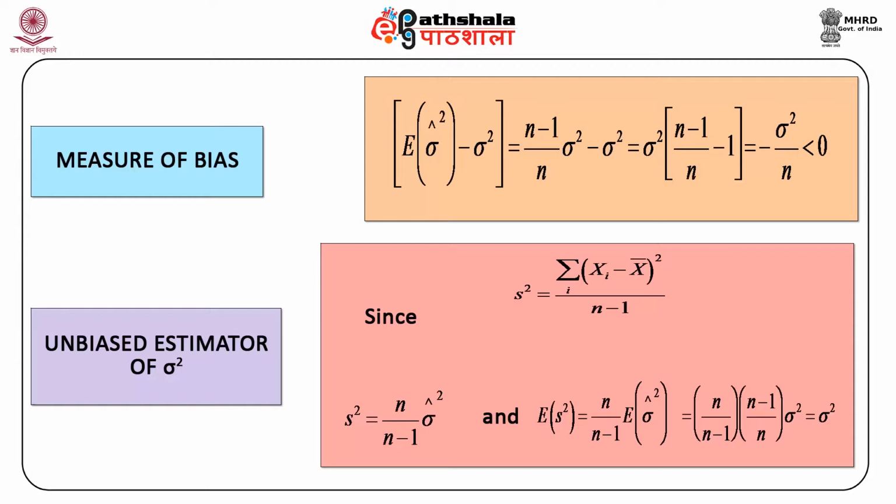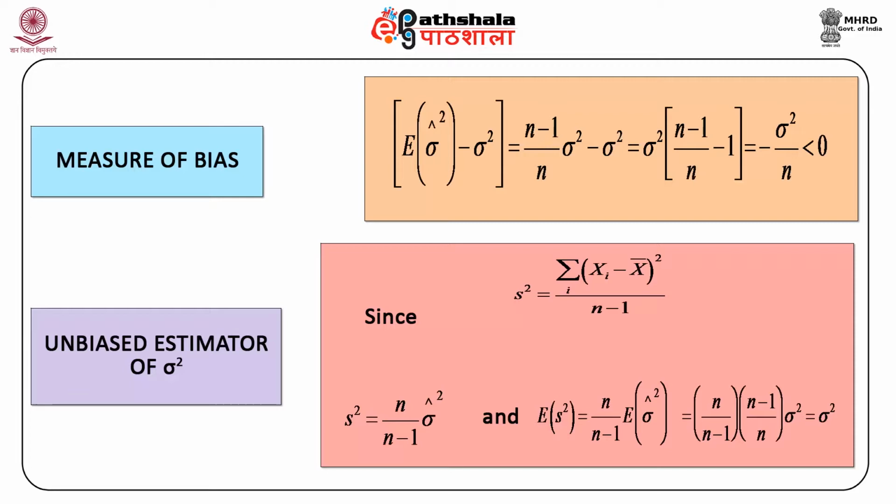Since S square is equal to n upon (n minus 1) into sigma hat square, the expected value of S square is equal to n upon (n minus 1) into the expected value of sigma hat square, which can be rewritten as n upon (n minus 1) into (n minus 1) upon n into sigma square, and therefore it comes out to be sigma square.